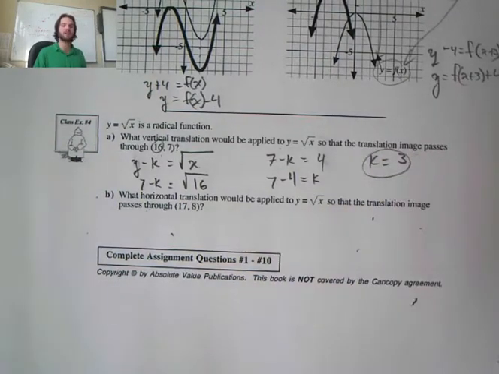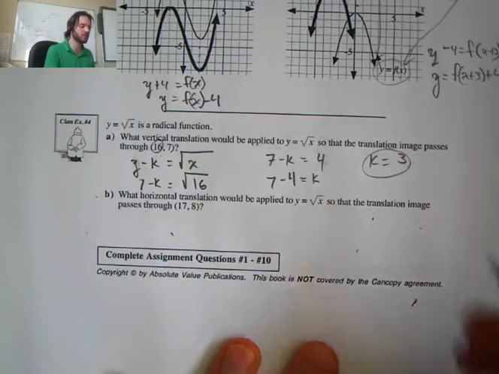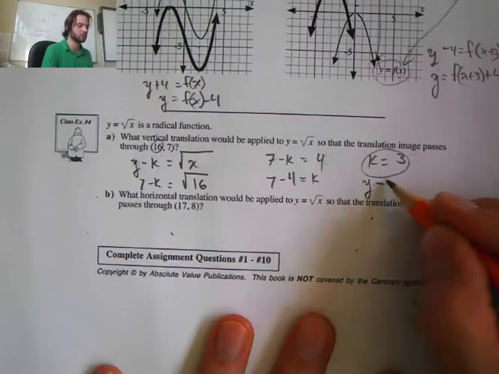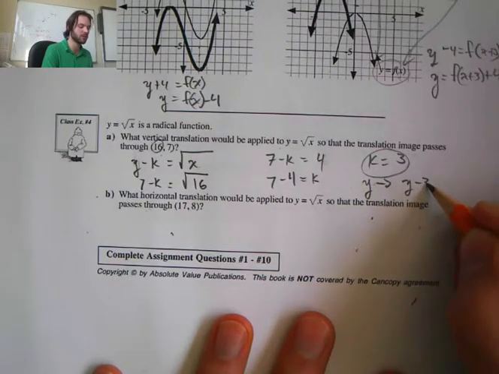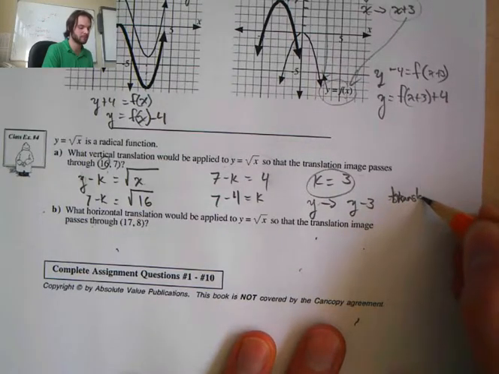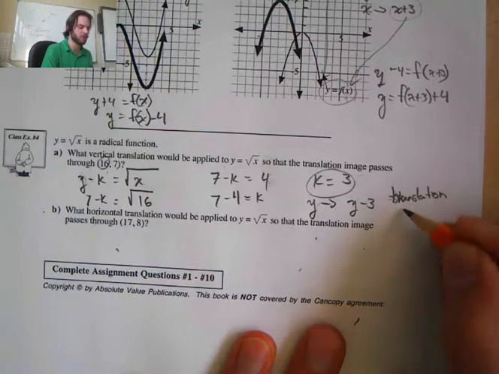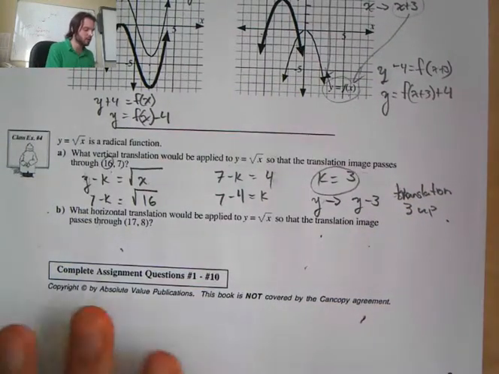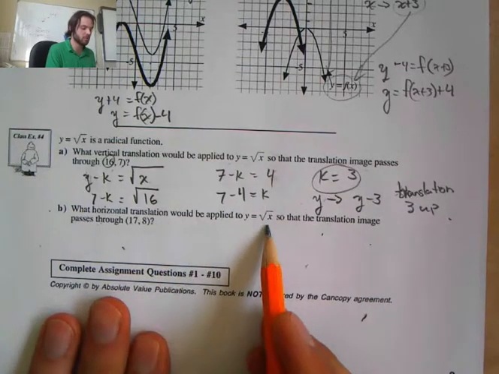So basically, we have to translate it 3 units up. So if k is equal to 3, y gets replaced with y minus 3, which is a translation of 3 up.